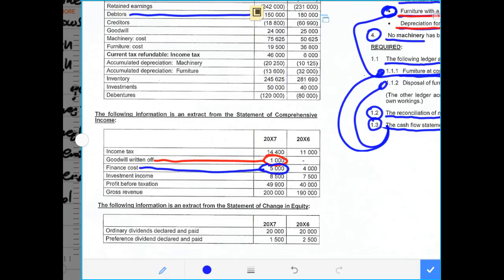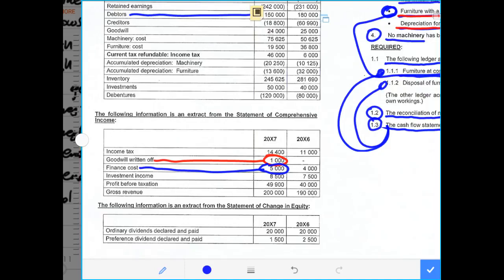Remember, it's not all the time that finance cost will be the one that was paid. There might be a portion that was accrued. If the adjustment stipulates clearly that a portion of the finance cost was still accrued, then in the cash flow we will only record the amount that was paid and not the one that was accrued, because an accrued expense is an expense not yet paid. Please take note of that, guys.